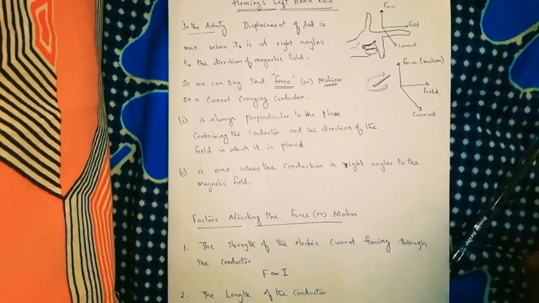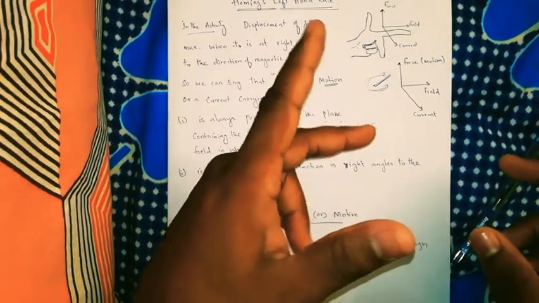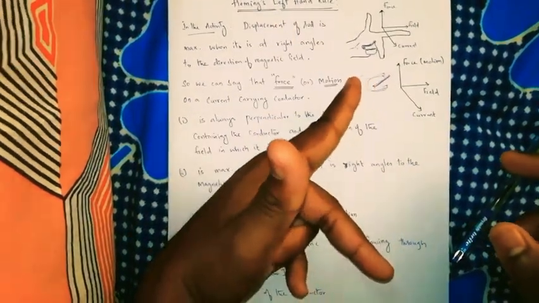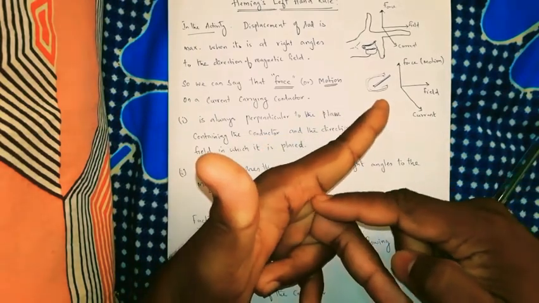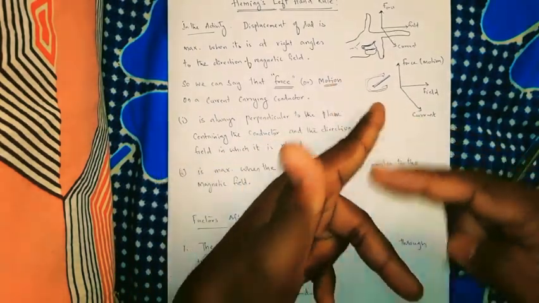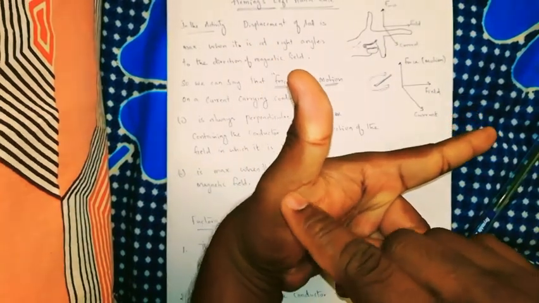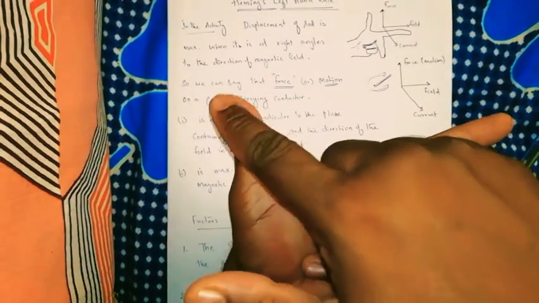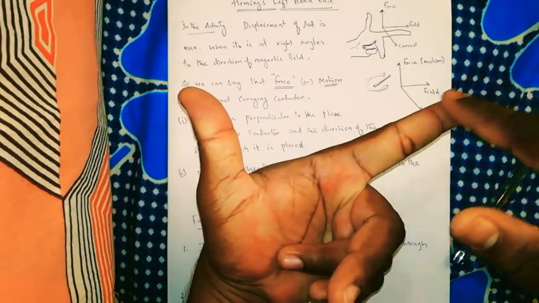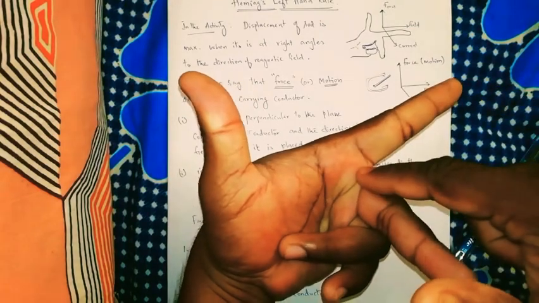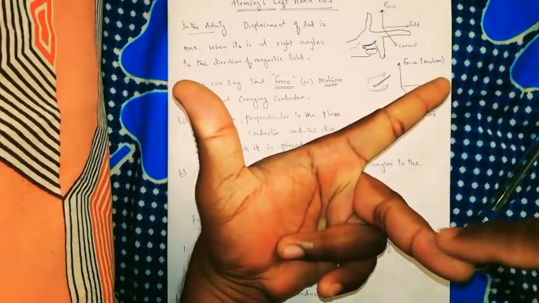Okay, Fleming's left hand rule is here. You can stretch your fingers like this, for example your middle finger, your forefinger, and your thumb. Keep it like this, and this thumb is perpendicular to the field, and this is perpendicular to the current.